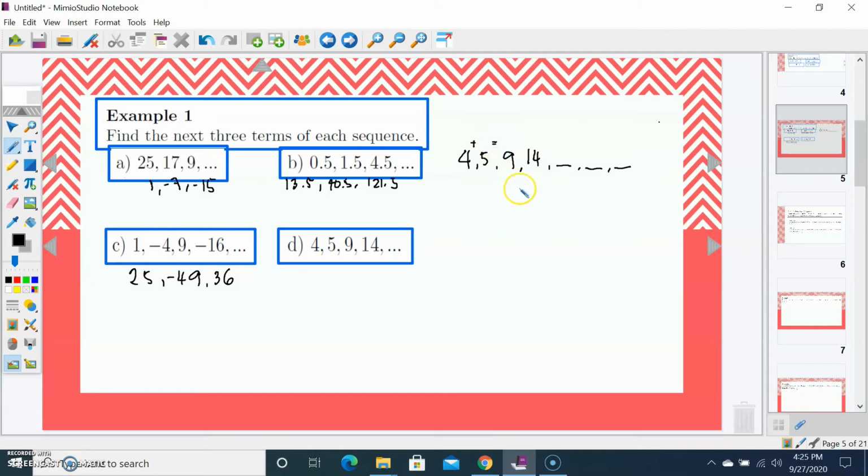So 4 plus 5 will give us 9. And take note that 4 and 5 are our first and second terms of the given sequence.